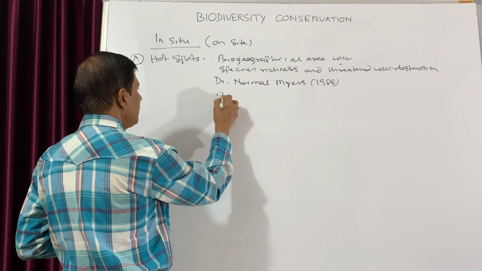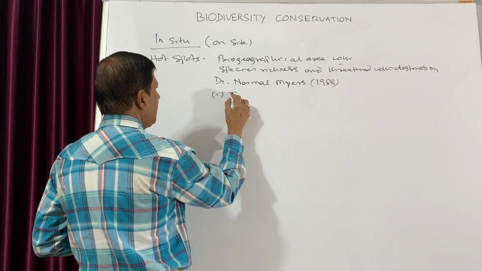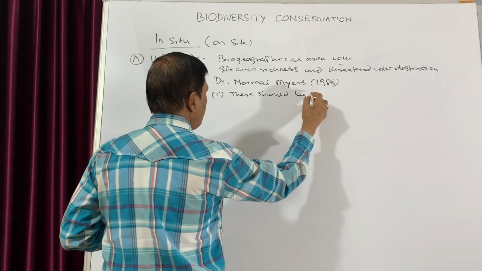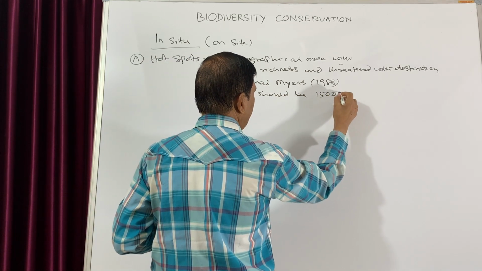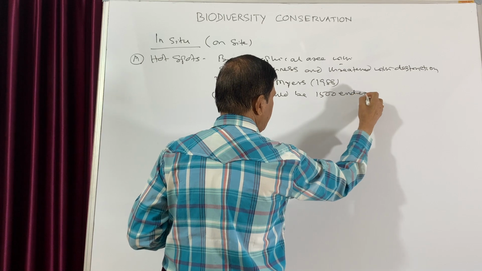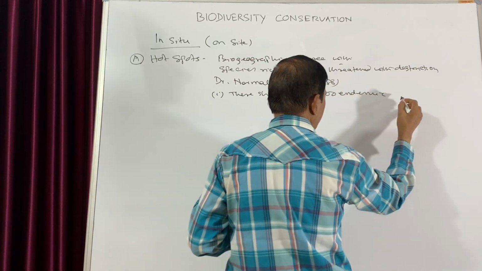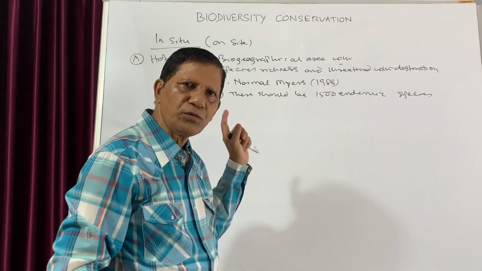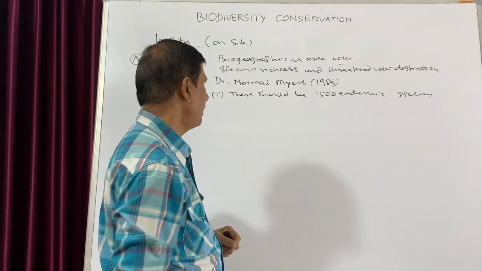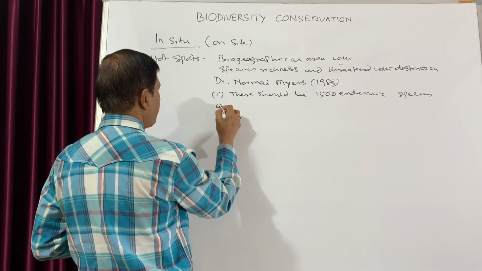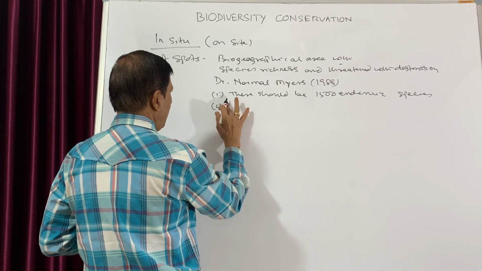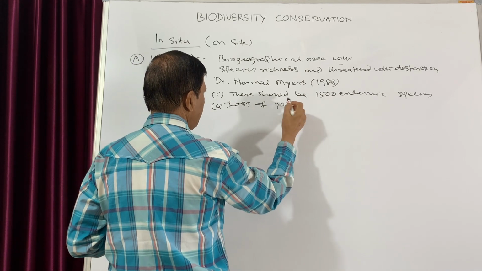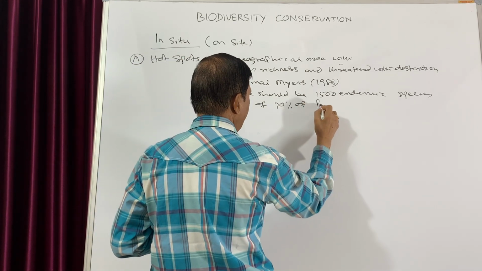Number one is that there should be a minimum of 1500 endemic species. That means these species are confined only to that area, they are endemic. And number two is loss of 70% of primary vegetation.